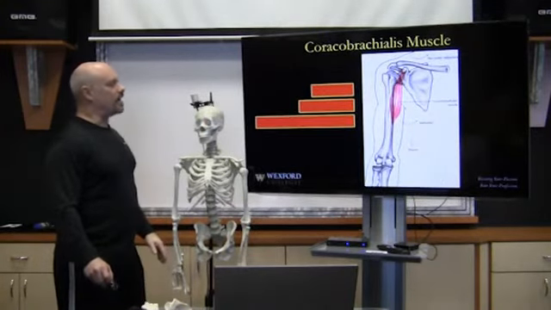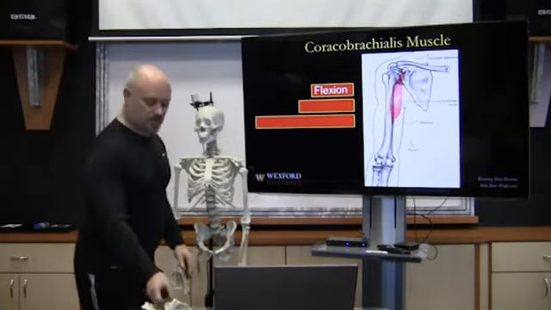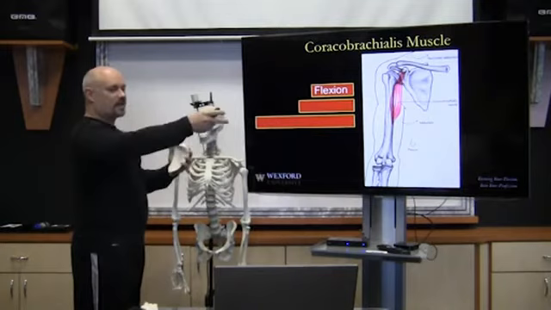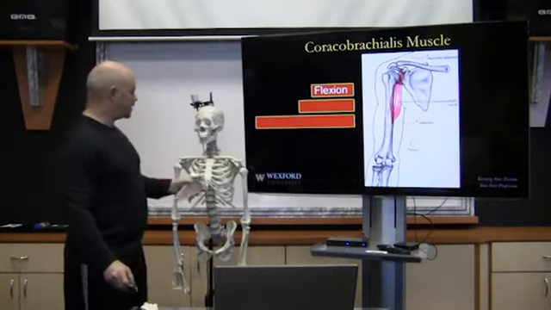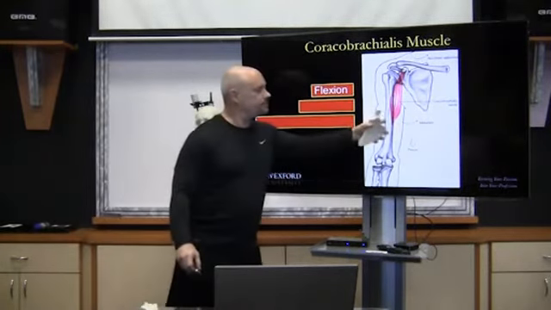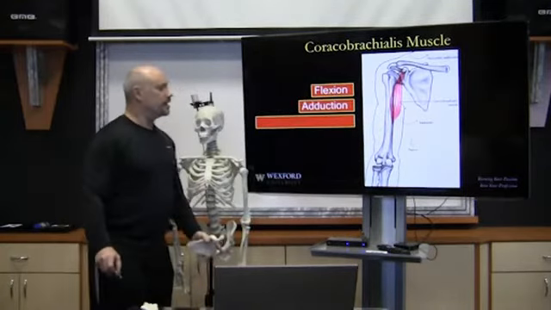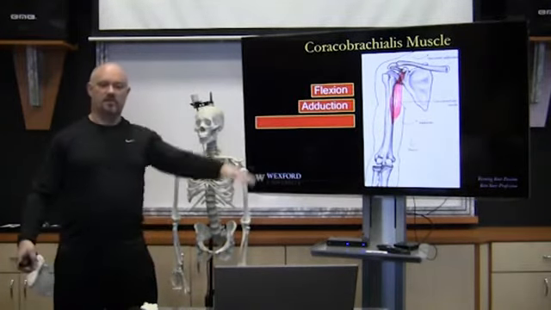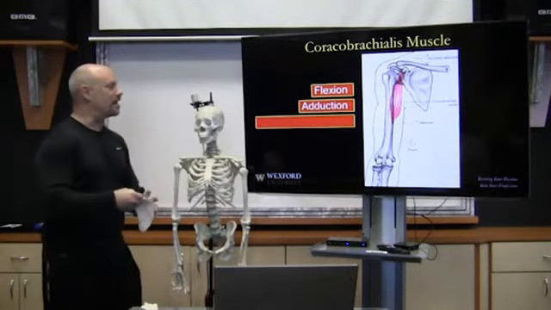The coracobrachialis is attached to the coracoid process, and it helps in flexion of the arm. See, it's attached to the middle of the arm. It helps in adduction, pulling the arm down this way to the side, adding to the midline.